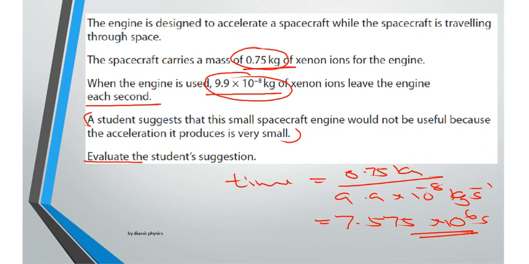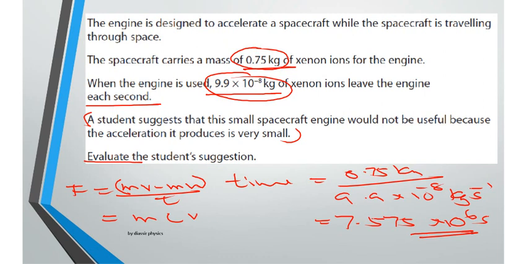As you can see with the same equation, force equals change in momentum over time. If it is a long time duration, the change in momentum will be big, though the mass is small.